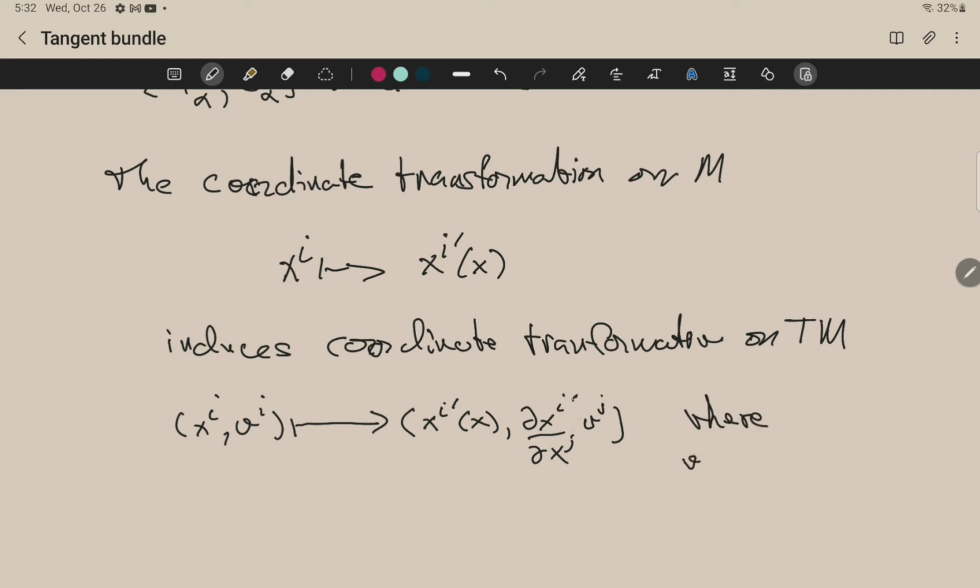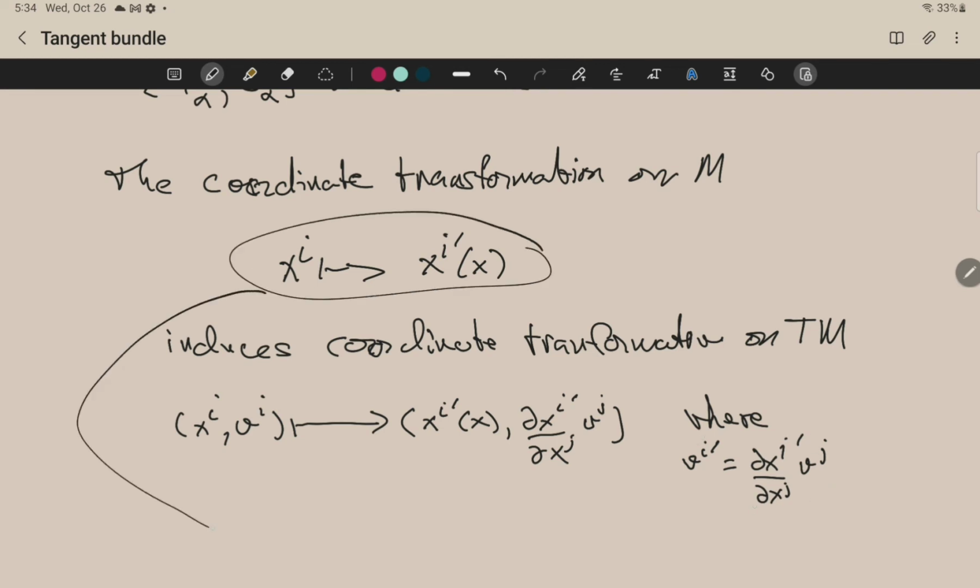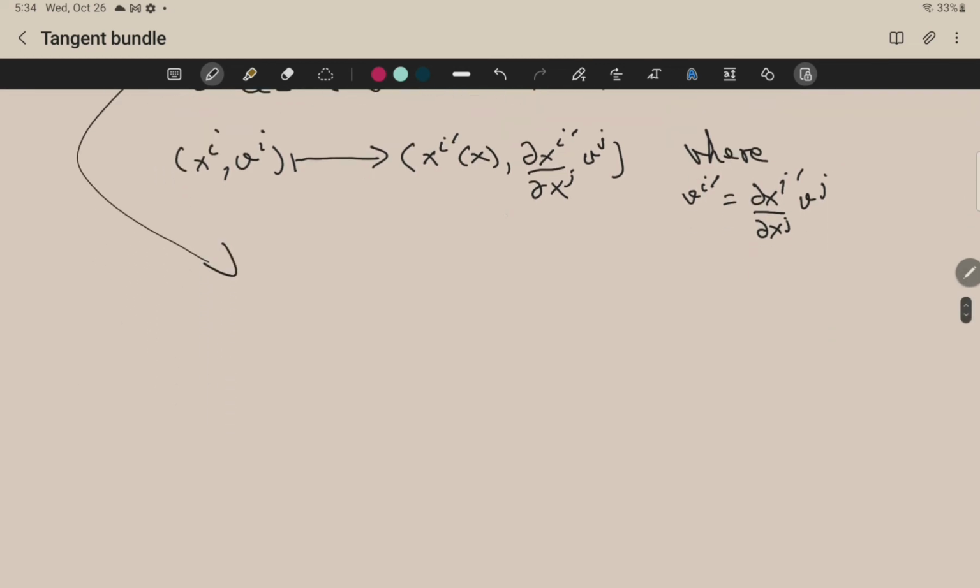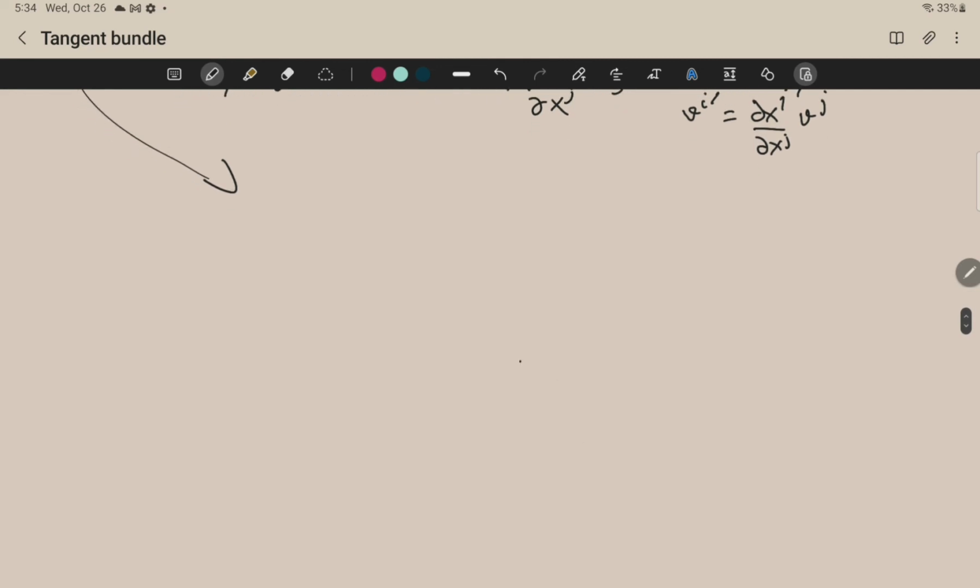This partial x^i' over partial x^j here is called the Jacobian of the map. So the new components are transformed in this manner because of the coordinate transformation at the level M.